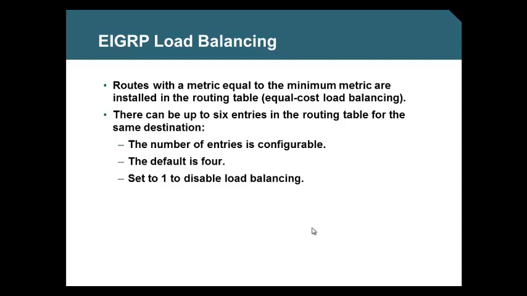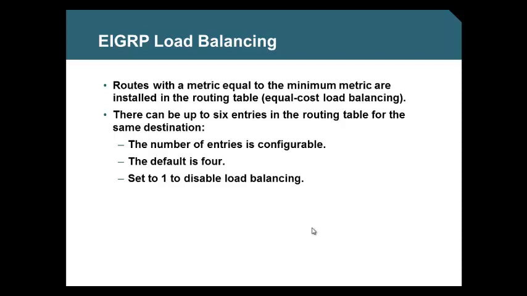For multiple paths to be seen in a routing table, those paths need to have the same metric. We call it equal cost paths. So whenever we have equal cost paths, meaning same metric, same composite value, a combination of bandwidth and delay.